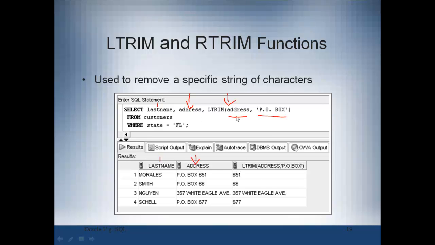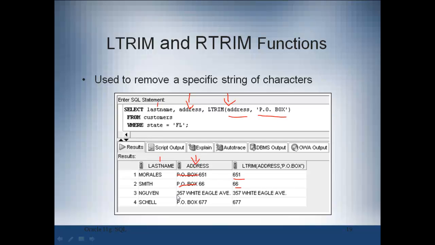So this select statement is saying in the third column of display, trim out the words P.O. space box from the left side of the address field. So basically it's taking out this and leaves us just 651.